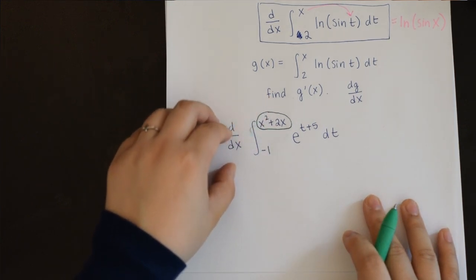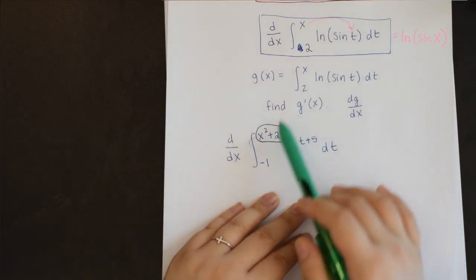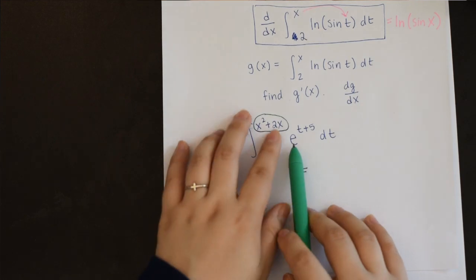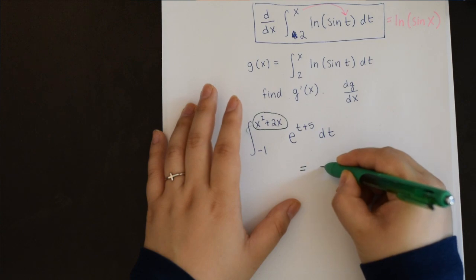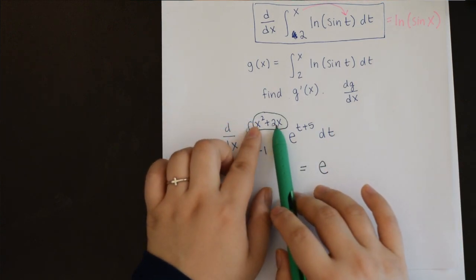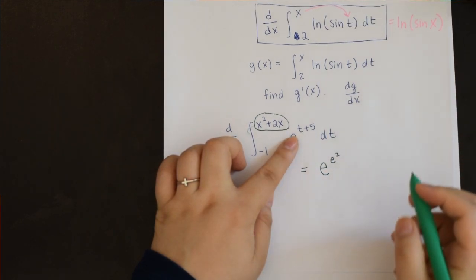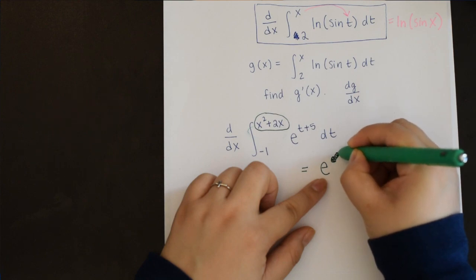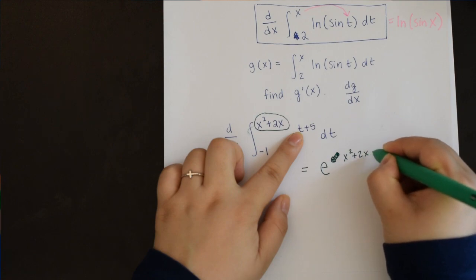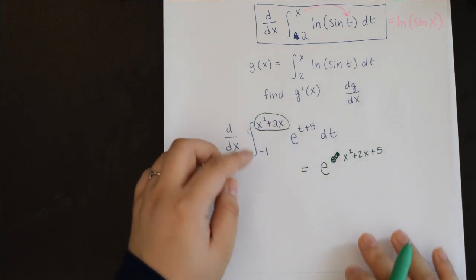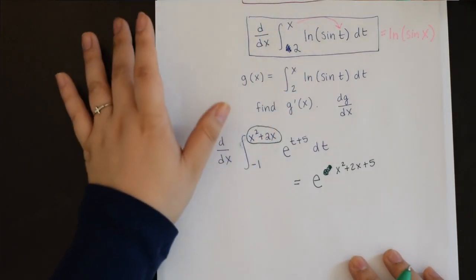So when we take the derivative of this integral, we can just do f of this top part, meaning f of t is e to the t plus 5 right now. So we just do e to the x squared plus 2x plus 5. Again, our -1 does not matter. It's a number, so that's a gray.